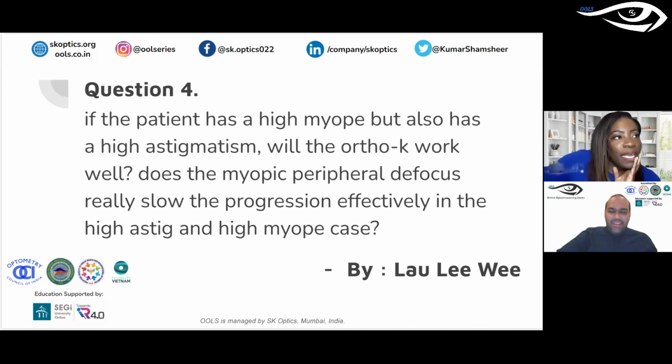Oh, that's a good one. I would explain to the parents my position as far as him having that high myopia for his age, and that he's been stable, and say you have an option for us to continue to monitor him closely, or do the treatment, which for them I don't think is any burden. I would talk about the benefits of wearing contact lenses in general, not even looking at the myopia control benefits.